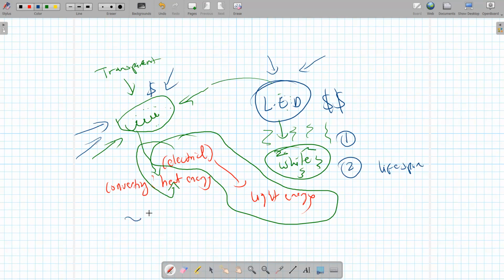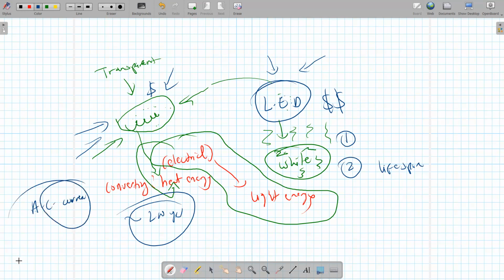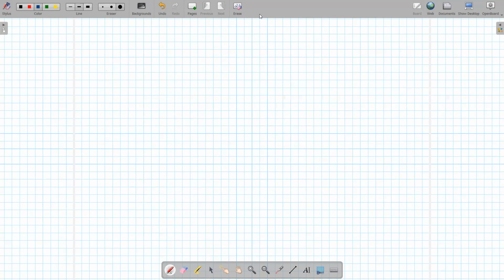It's about 200 years old, I think, when Nikola Tesla initially, well, he didn't invent electricity, but he invented AC current. So it's relatively new, 200 years. This thing is probably 50 years. So we're making advancements every day. So that is light in a nutshell.